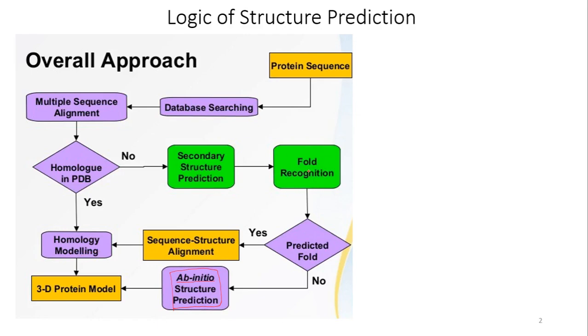You are unable to figure out what might be the fold for your given protein. And if you are quite desperate that you need the structure of a given protein, then you should go for structure prediction using this ab initio method.